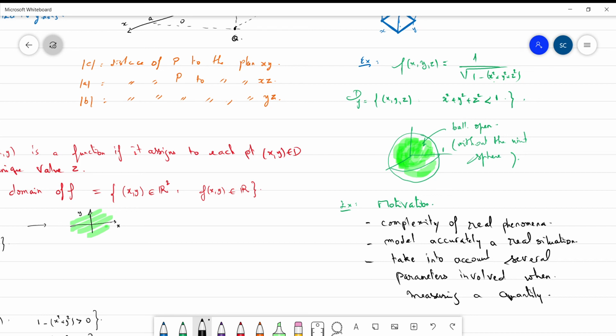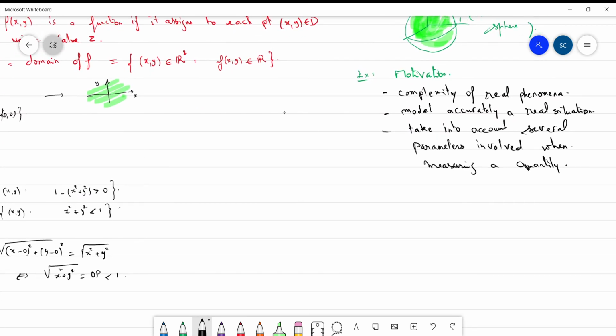For example, temperature can depend on time, on the space coordinates, and on physical characteristics, for example the metal used, etc.